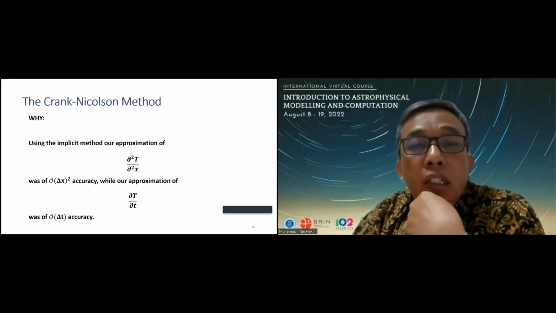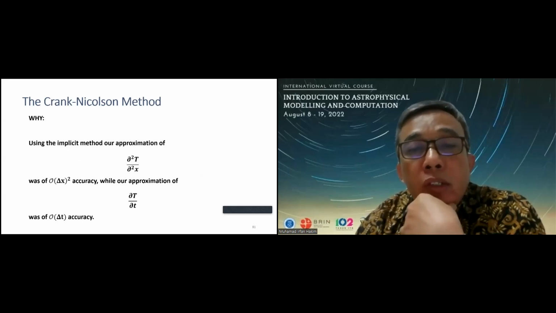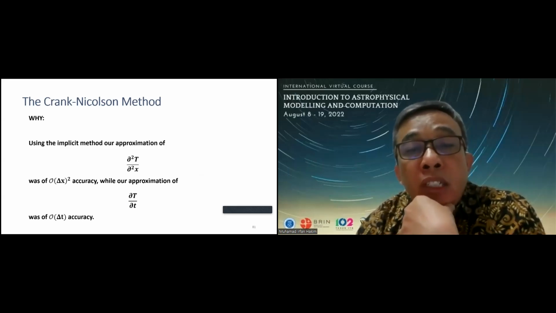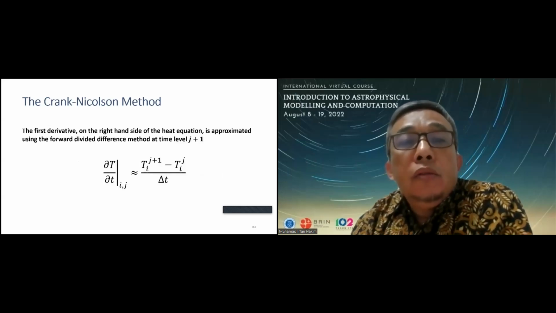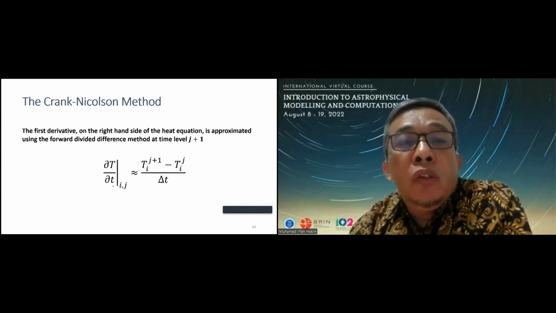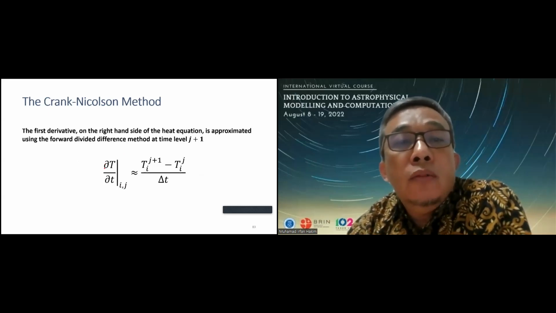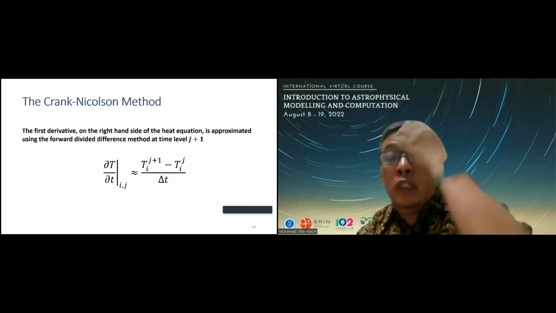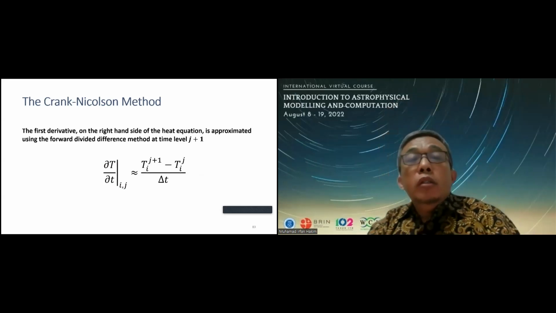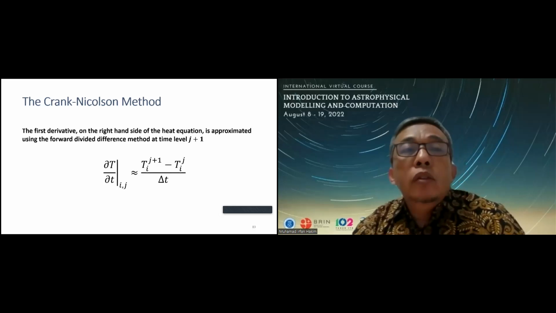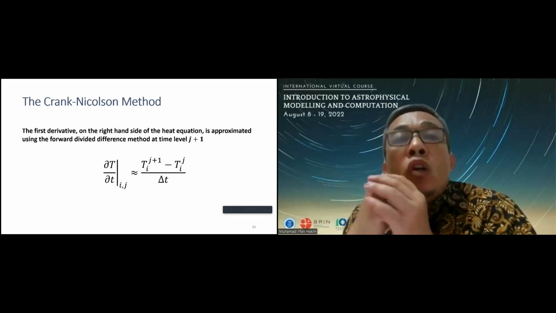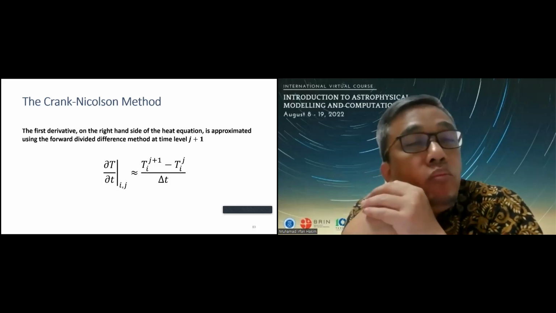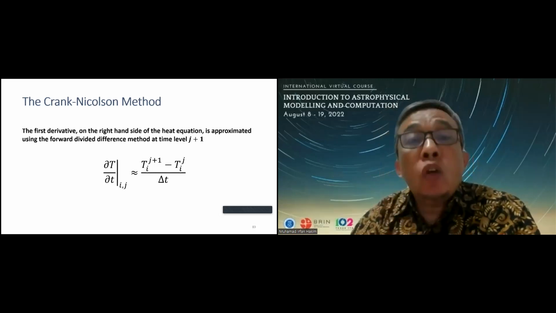That's why it is related to this first derivative of temperature. As usual, we can use this first derivative using forward divided difference here, for example. So in this Crank-Nicolson method, we use the same order of accuracy.